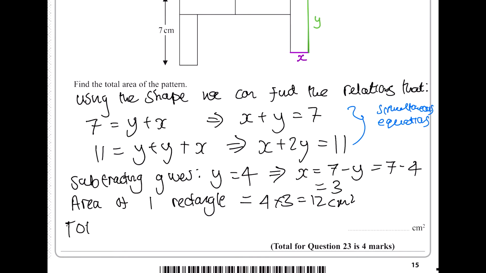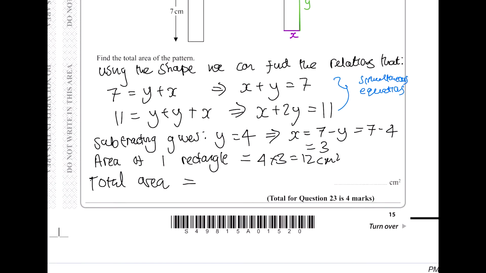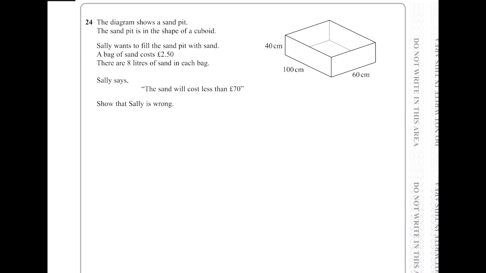So total area would be equal to, now see here, we have 1, 2, 3, and 4 of these rectangles. So we just multiply by 4. So 4 times 12. And if we do that, we get 48 centimeters squared. Okay, cool.